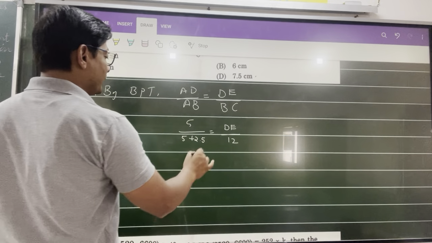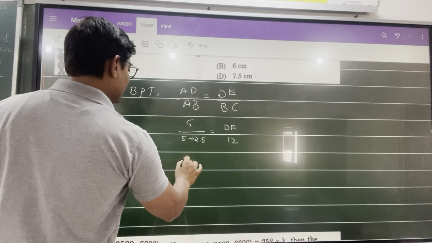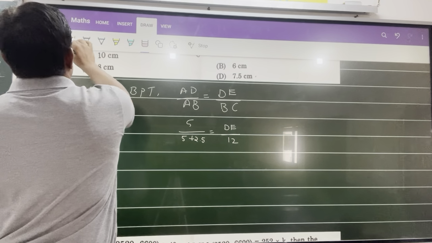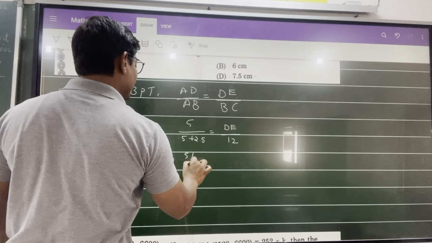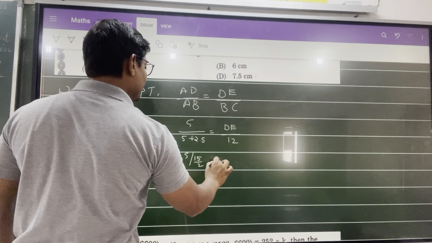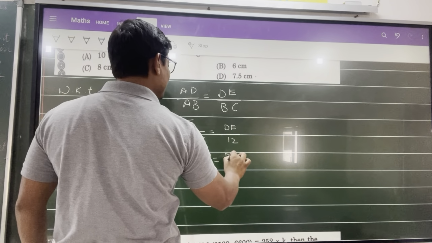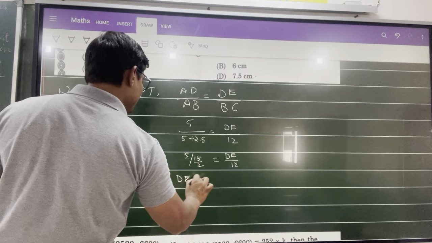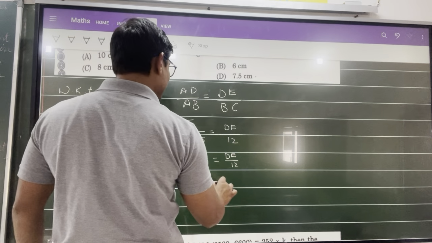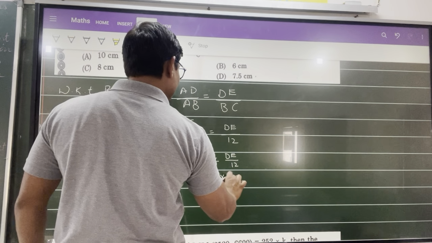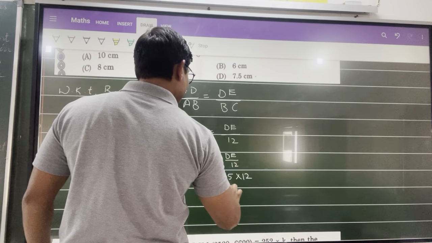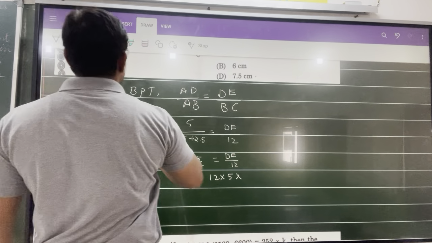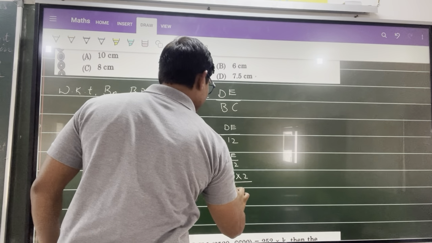Fine. So now 5 divided by 15 by 2 equal to DE by 12. So now DE we will keep here only, and this 12 will go to the other side. So it is 12 into 5 into 2 by 15, 12 into 2 by 15.